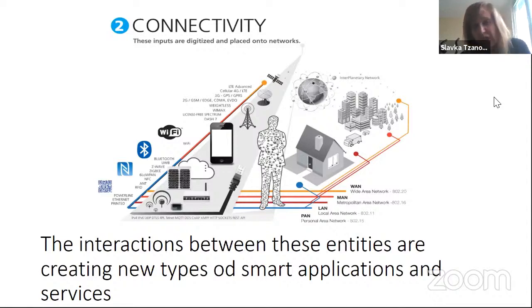So how to transfer? There are different systems. It depends on the frequency. They are different antennas. It could be Wi-Fi, it could be Bluetooth, but these are different communication possibilities, Ethernet, and usually this is a wide area network, metropolitan area network.